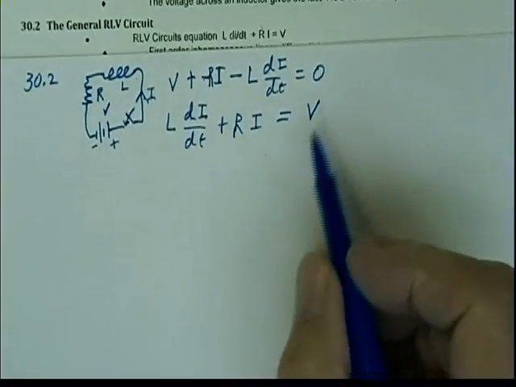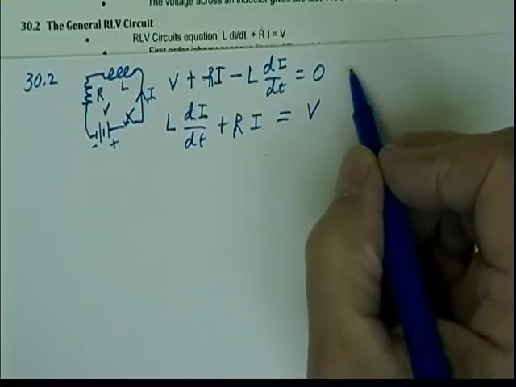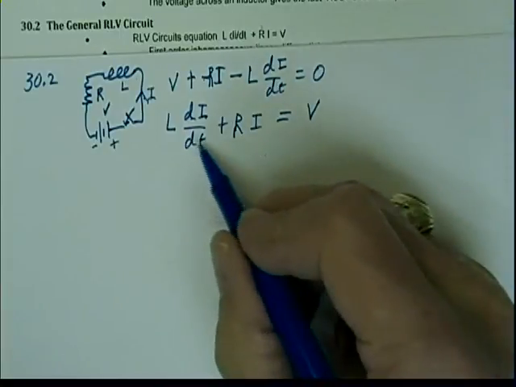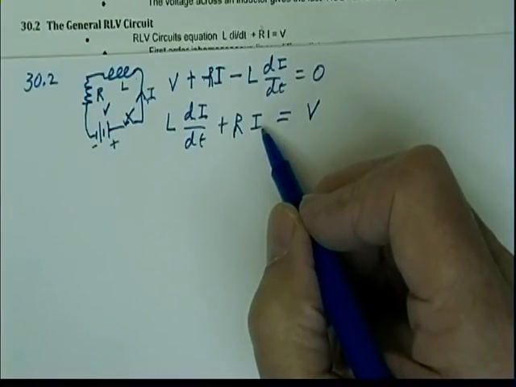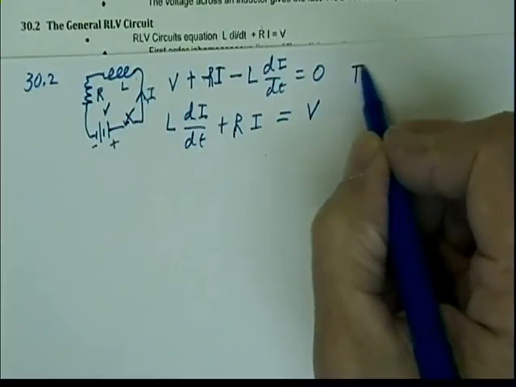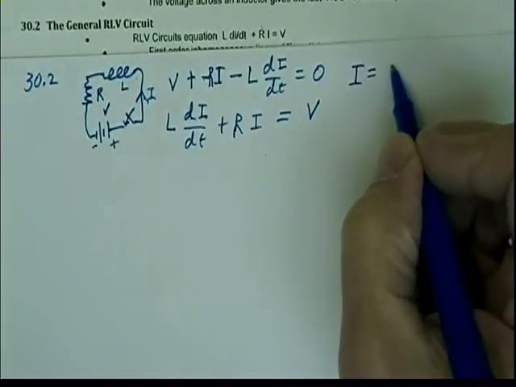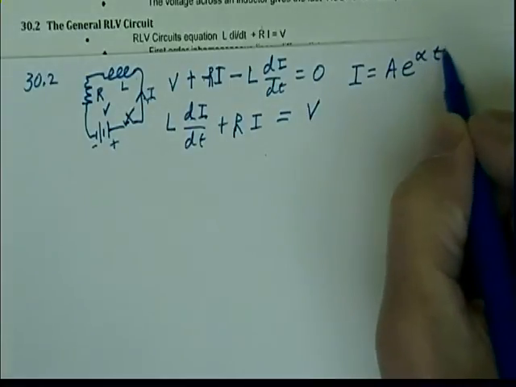So how do we describe this? Well, here we have a general rule that all linear differential equations, in first order, in fact in any order, have a solution that's of the form, here I'm going to write it in the form of I, this would be constant A times e to the alpha times t.